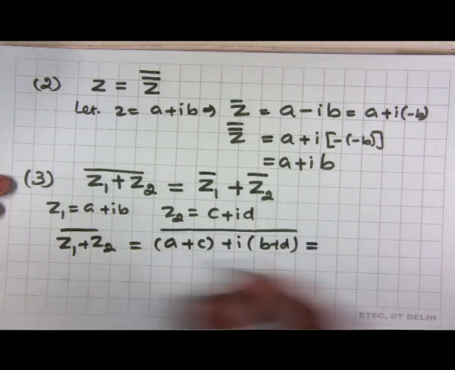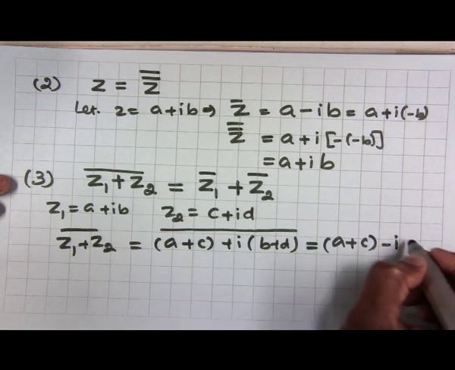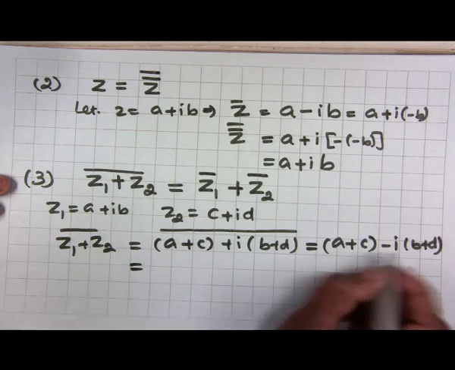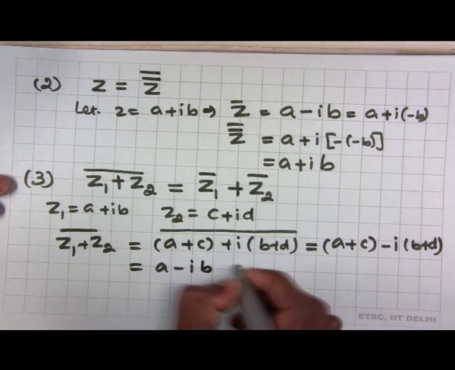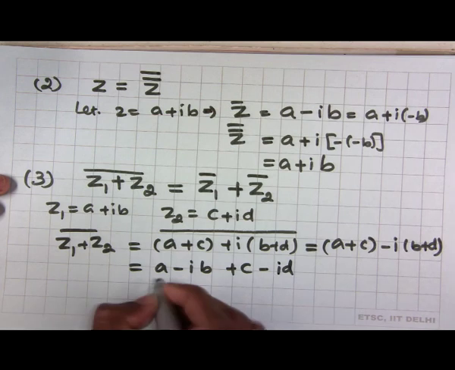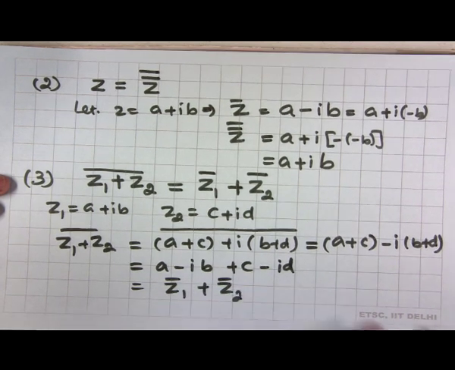By definition, this is a plus c minus i times b plus d, which we can write as a minus ib plus c minus id. This is nothing but z1 bar plus z2 bar.